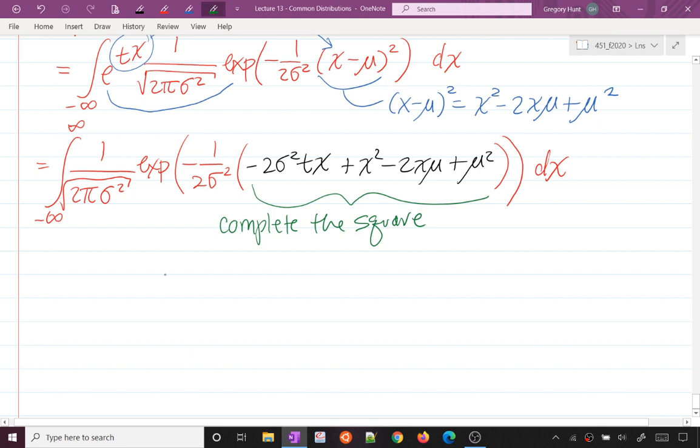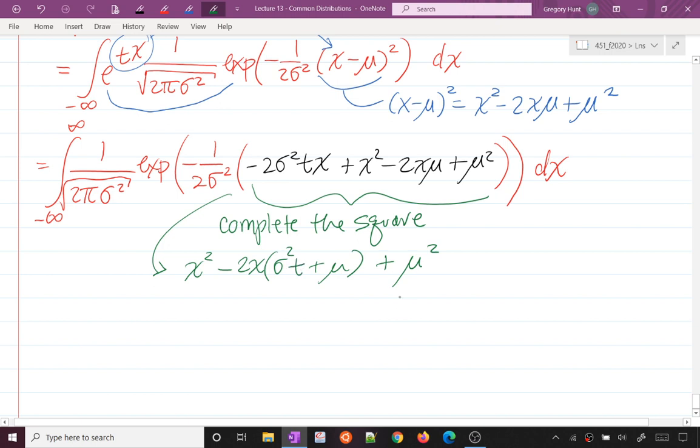First of all, we can combine some terms: there's an x squared on one end, there's a mu squared on the other end, and then there's a minus 2x times mu and minus 2x times sigma squared t. Okay, that's equivalent.